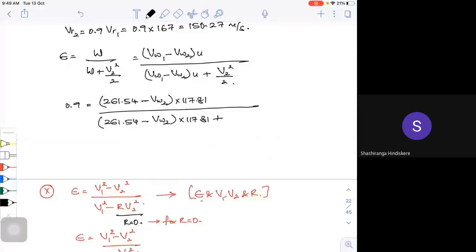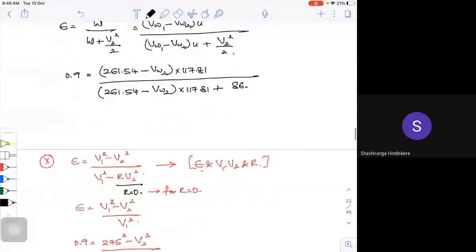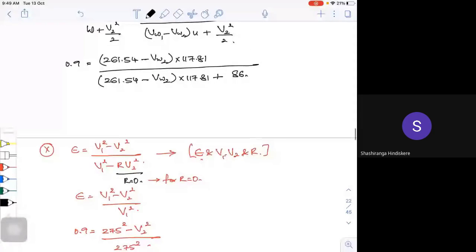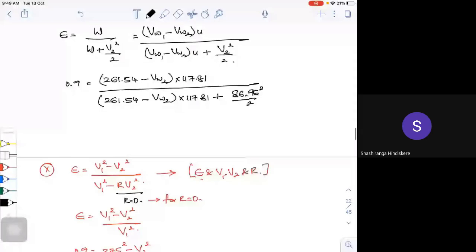From this I need to find VW2. If I substitute 86.96 for V2 and find it, I am getting my VW2 as 27.3 with a minus sign.